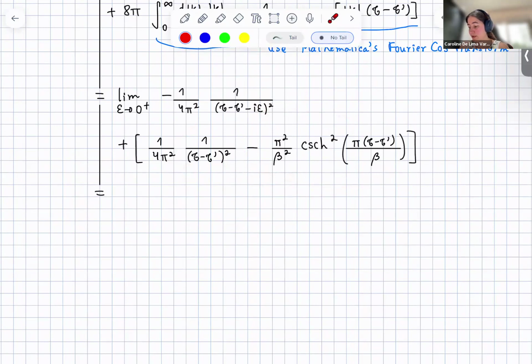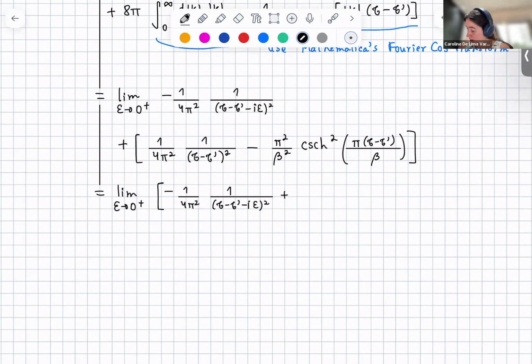This whole part is regular, so I'm just going to analytically continue that part as well. So I'm going to write this as minus 1 over 4 pi squared times 1 over tau minus tau prime minus i epsilon squared, and then plus the other term that is going to cancel this one, right?